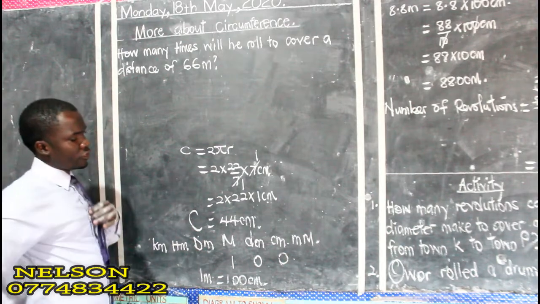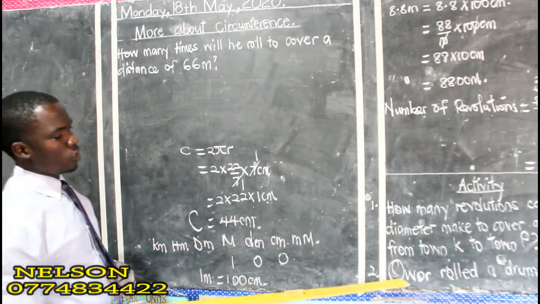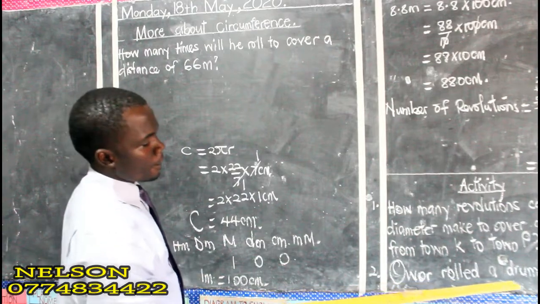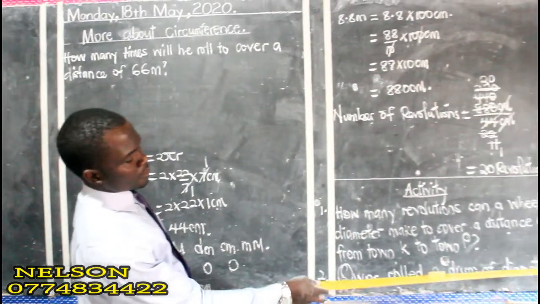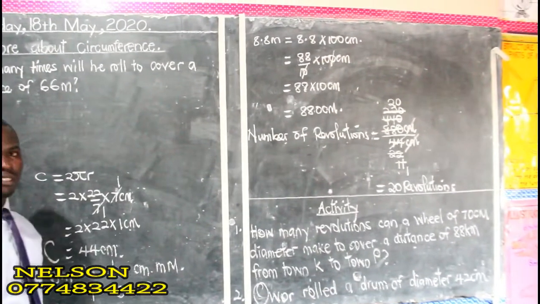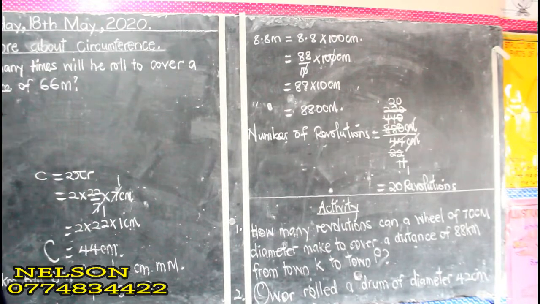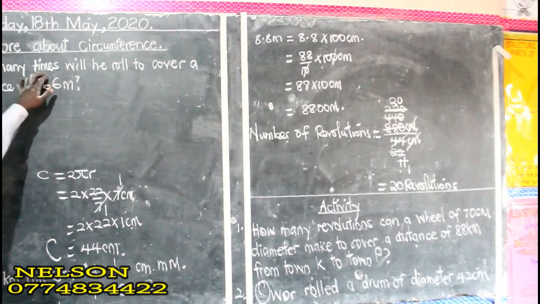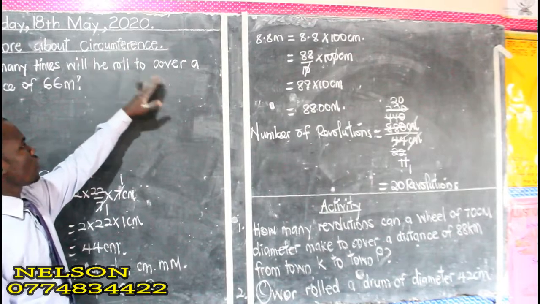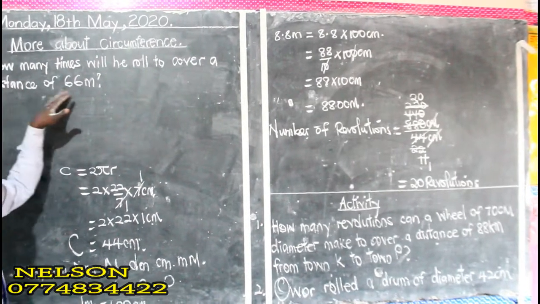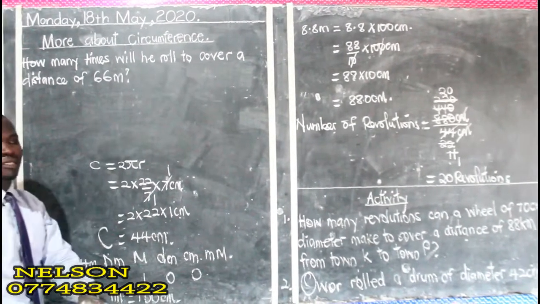Now here, the last question. Rolled a drum of diameter 42 centimeters. The question here is, how many times will he roll to cover a distance of 66 meters?